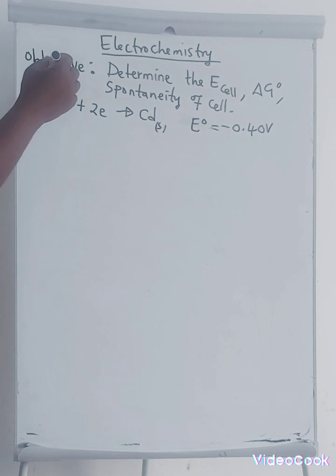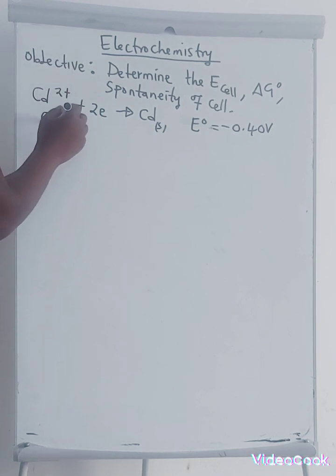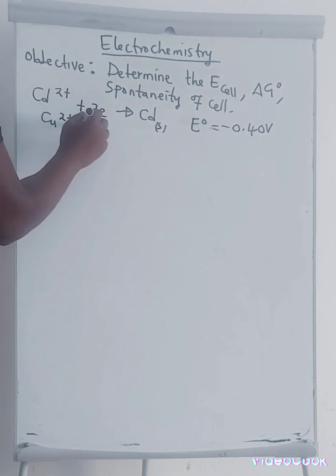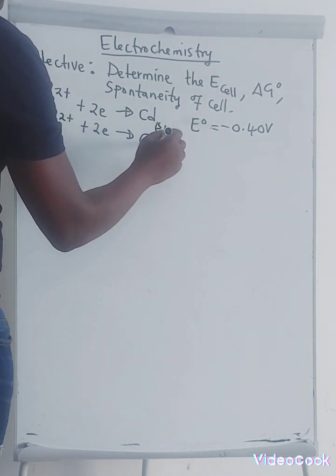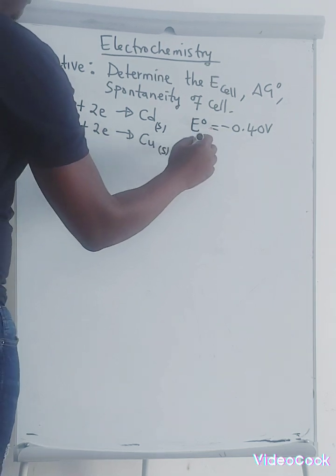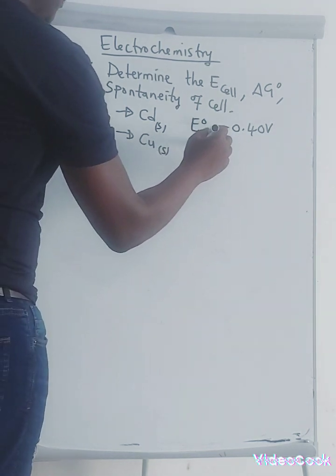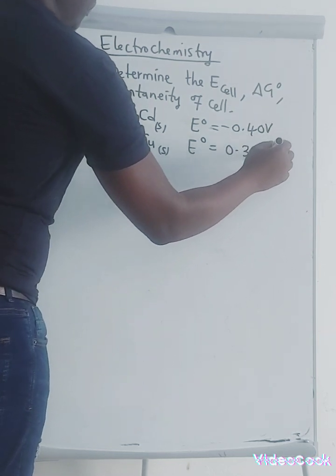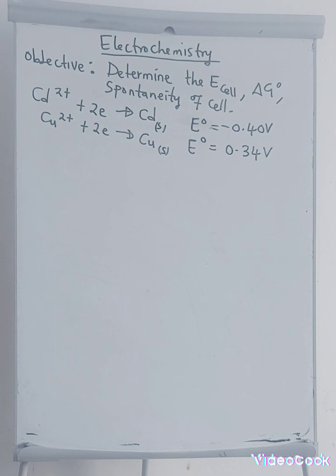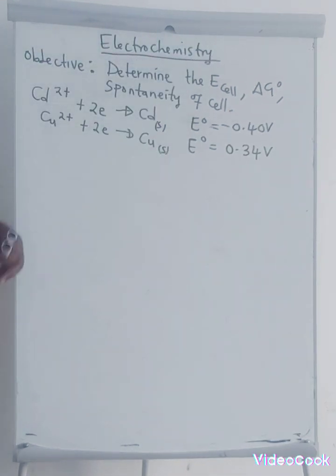Then copper, Cu2+ plus 2 electrons, giving us solid copper. The electrode potential is equal to 0.34. So we determine the E cell, which gives free energy and spontaneity of the cell, given this data.